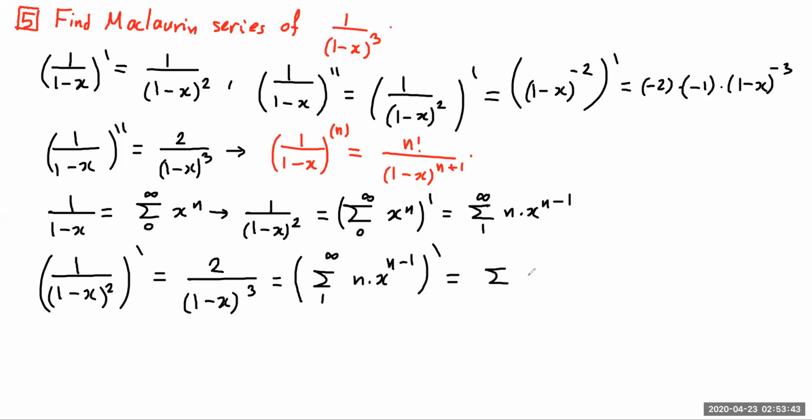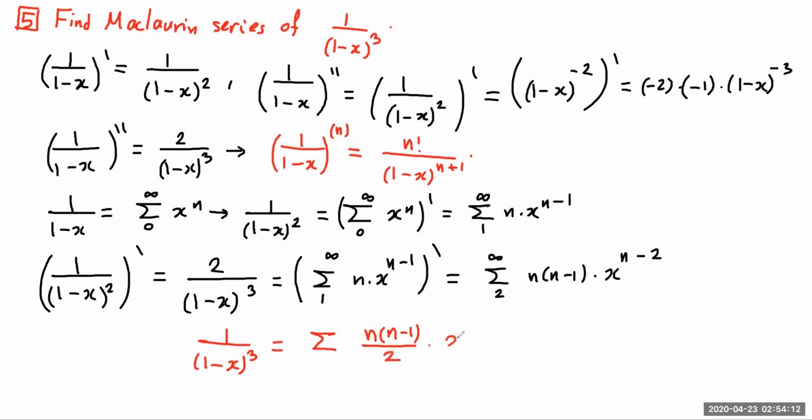It will be the sum of n(n minus 1) x^(n-2) from 2 to infinity. If I give n = 1, this term will be 0. So this is 2 over (1 minus x)^3. So the last step now, I will divide by 2: 1 over (1 minus x)^3 equals the sum of n(n minus 1) over 2 times x^(n-2) from 2 to infinity.